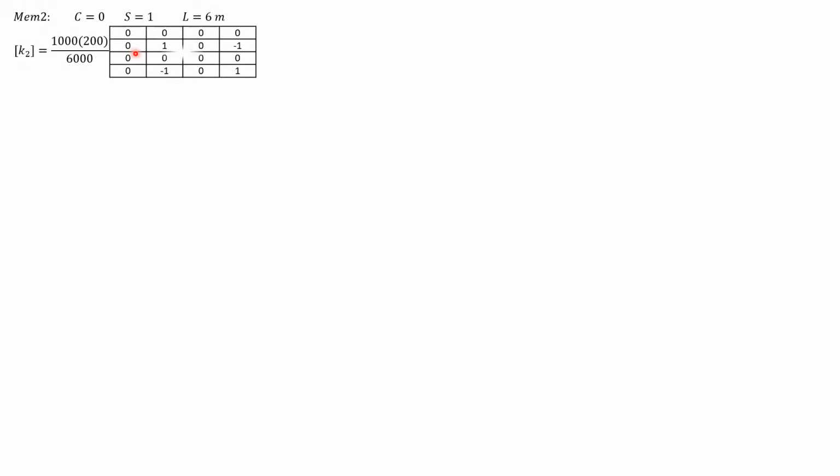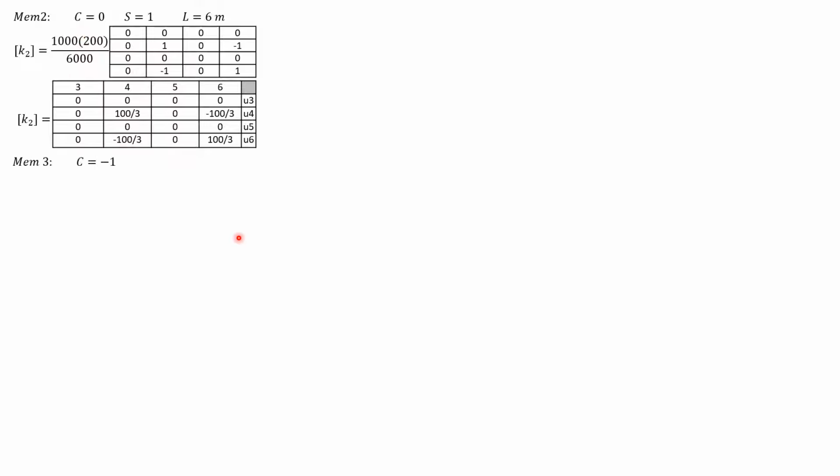So member 2, cosine is 0, sine is 1. As mentioned, the length is 6. So K2 is area E over length times 0, 0, 0, 0, then 0. S squared is 1, and their negatives. Then copy and copy. Simplifying, multiplying all these elements with this value here, that's the result.